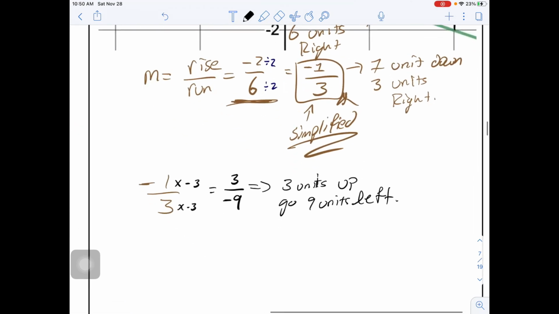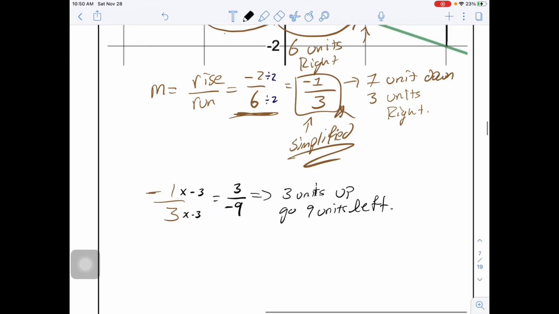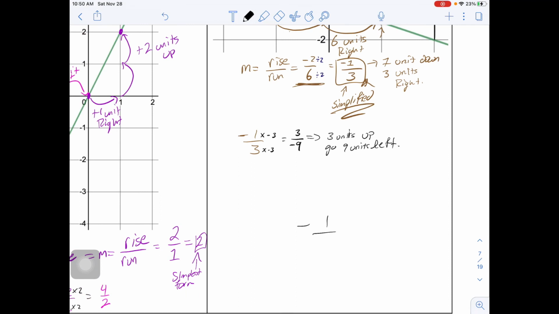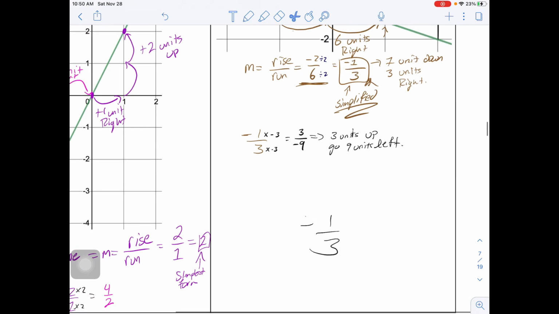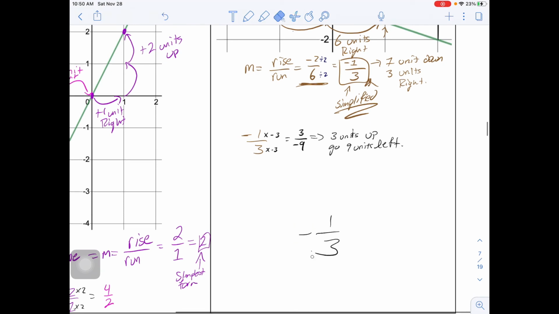And remember, that's because our negative can float, right? If I have -1 over 3, which is my simplified version, the negative can float and go on the bottom, in the middle, or the top. So we could just represent our simplified version as -1 over 3. And there's our slope.